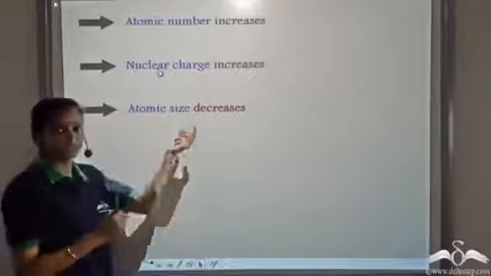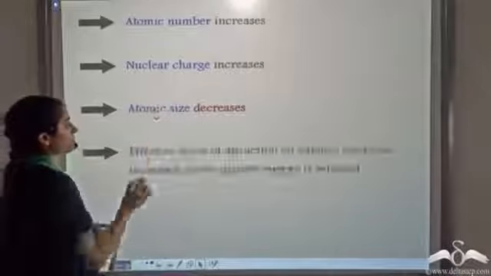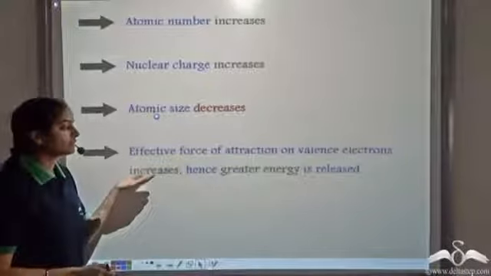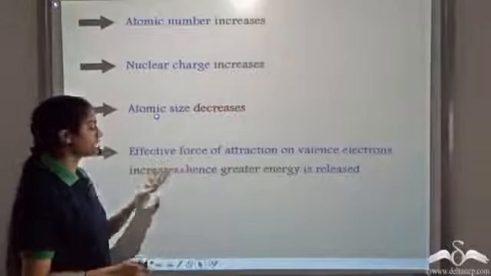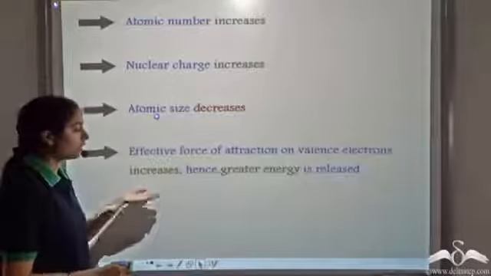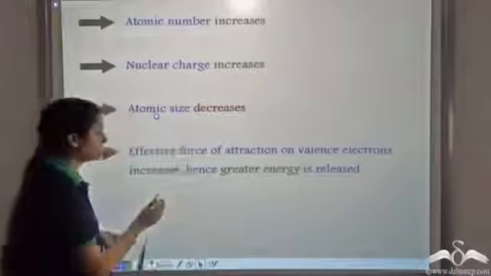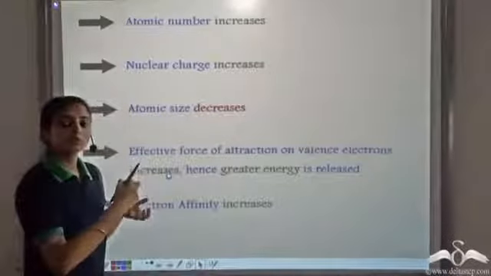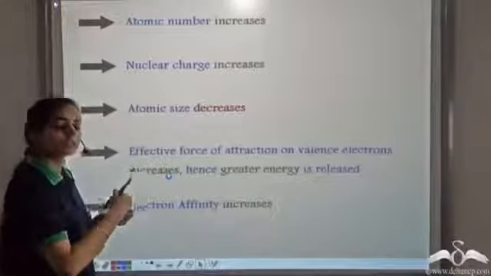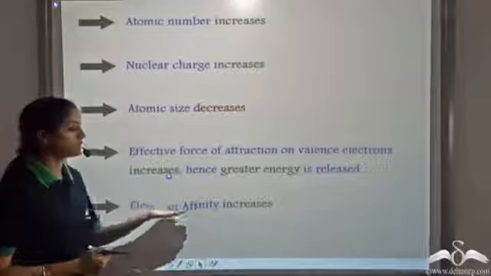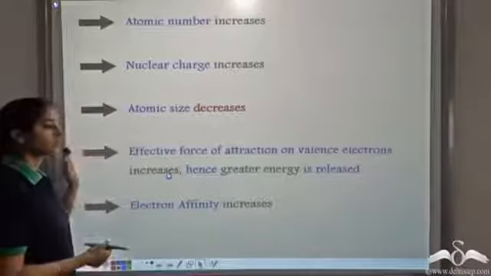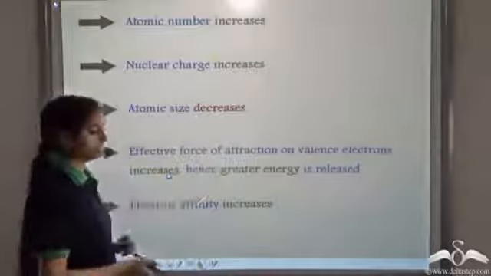As a result, atomic size decreases. This leads to effective attraction on the valence shell being increased. Therefore, greater energy is released when an electron is added to the atom. Since the affinity towards the nucleus increases, greater energy is released. Therefore, the electron affinity increases when we move from left to right in a period.